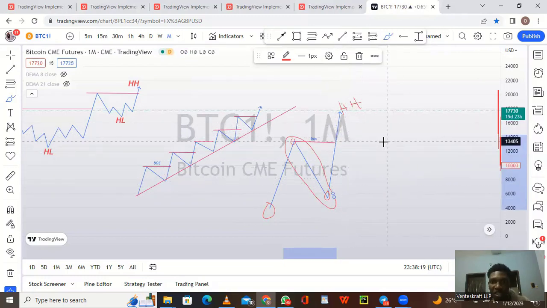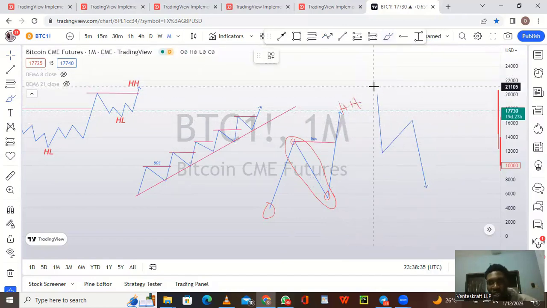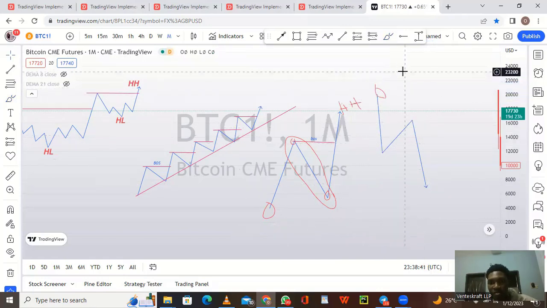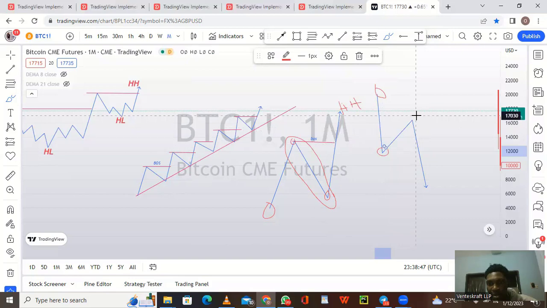In a bearish market, if you have it in this form, this is the high, and then we have the low. We have the lower high, and then we have the lower low.